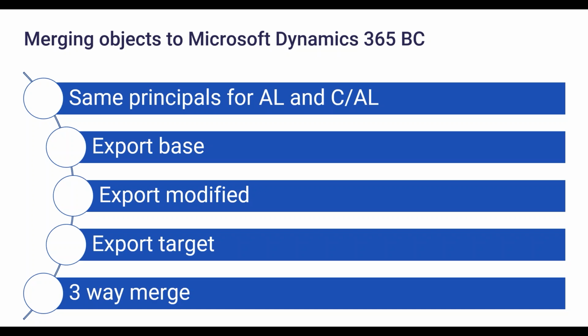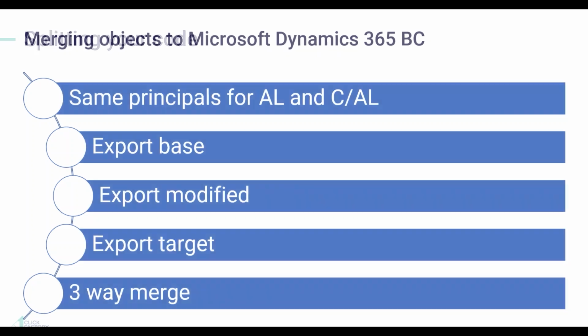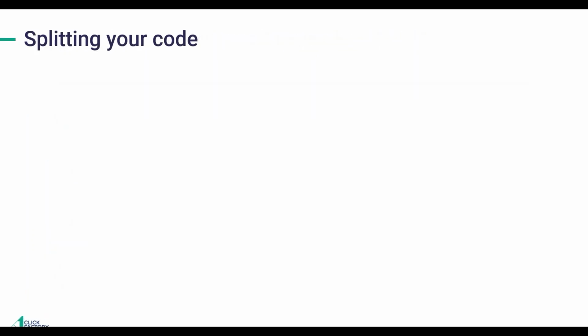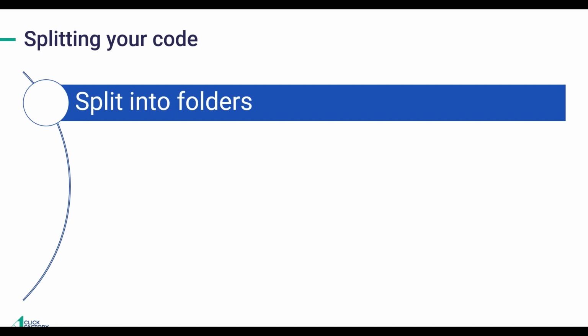Once you have converted your solution to AL, you have to think of how to move forward later on. So we suggest you split your code into separate folders by the functional area. This way you have fewer objects to work with, which will be easier.